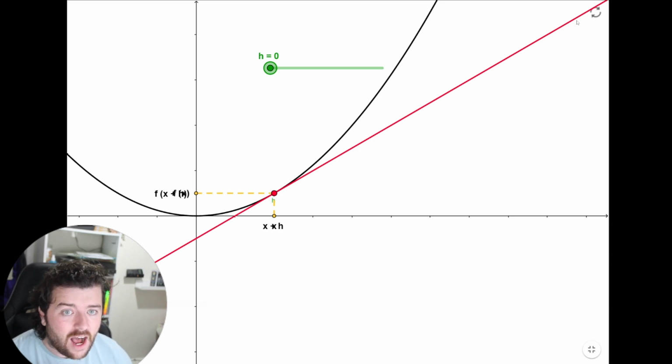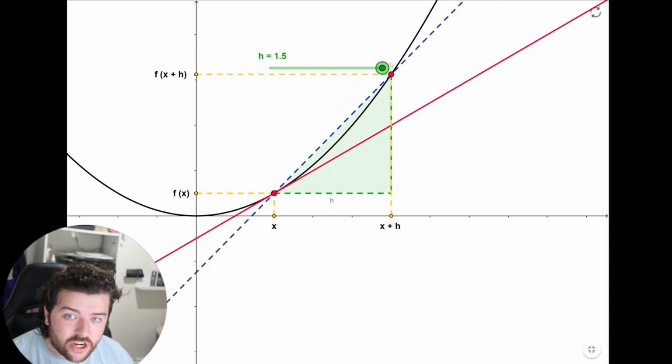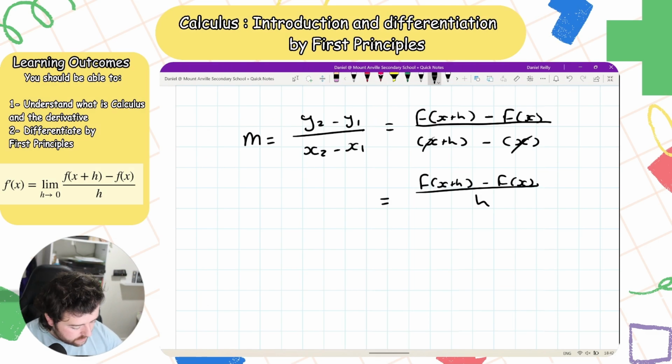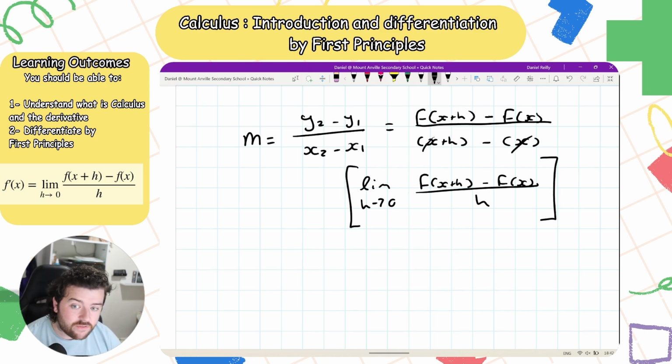Boom, I get a tangent line. So what we say is that the limit as h goes to 0 is going to be my derivative at that point x.